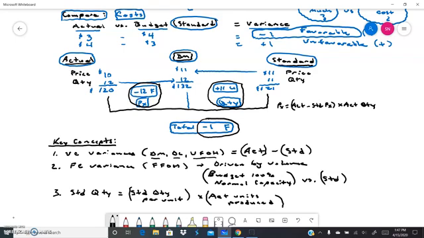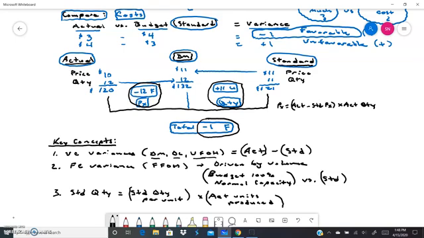And so for those, we're just going to measure actual versus standard. So that's going to be pretty straightforward. So what we did in direct materials, we'll do the same thing in direct labor. We'll do the same thing with variable factory overhead. We're just going to look at actual versus standard, and that's going to provide us with the variance.